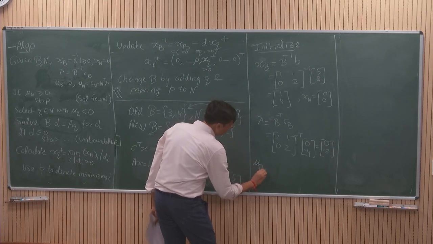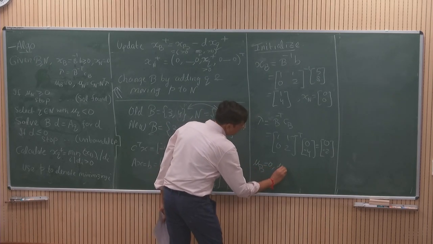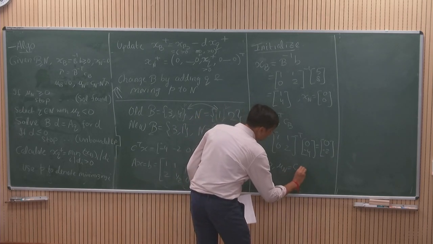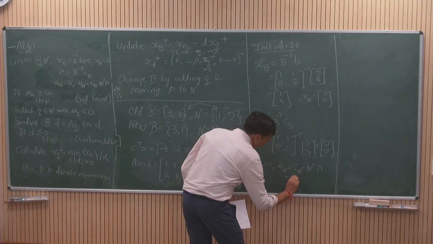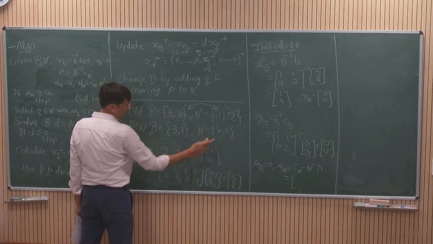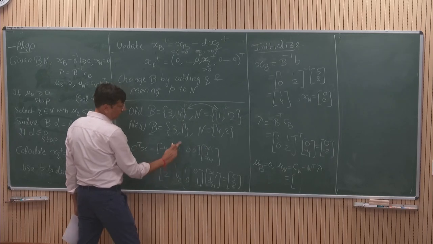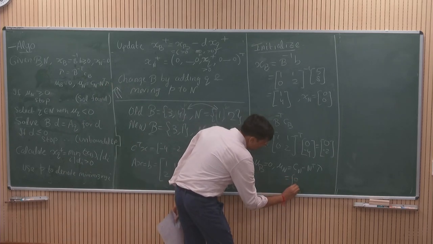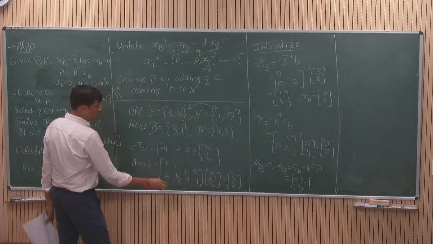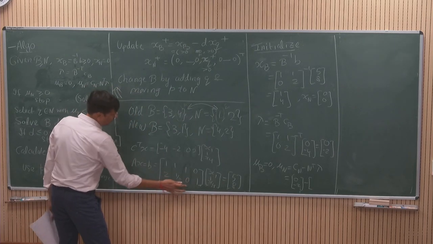Then we know that mu b is equal to 0 and mu n is Cn minus N transpose lambda, where Cn is the fourth and the second. The fourth and the second. So that's 0 and minus 2 minus the N is the fourth and the second.